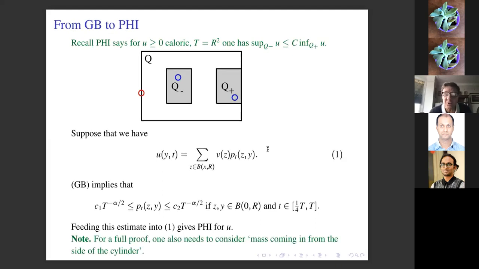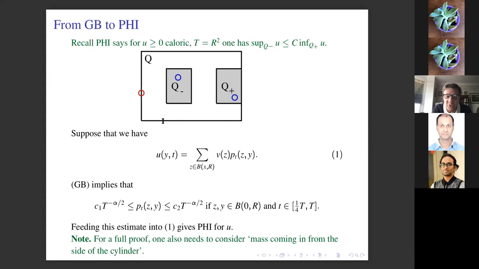And we would then want to know what is the most general caloric function. Here we've looked at, so to speak, heat coming from a particular point z and spreading out through this Q. We also need to think about heat coming in from the side of the cylinder.